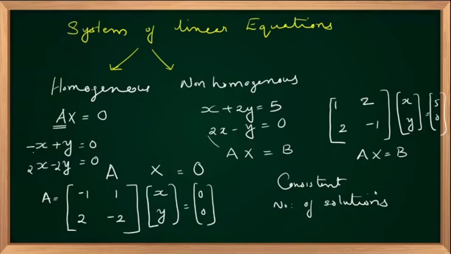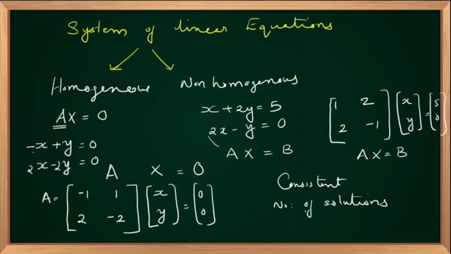If a system of linear equations is said to be consistent, that means some solution will exist for that particular set of equations. And if the system is inconsistent, that means there are no particular values of x or y, or the variable vector [x, y], for which these equations are valid, right? So that is what is meant by consistency.